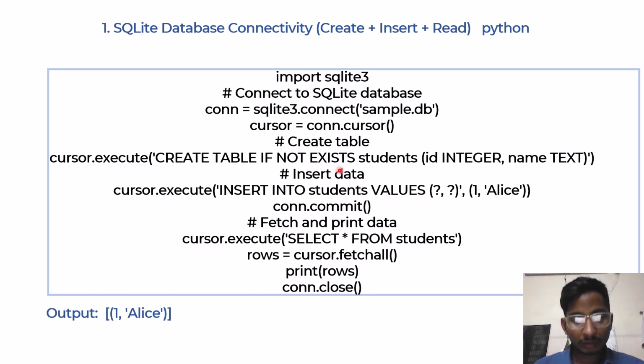This overall inserts the data. And last, fetch and print the data: cursor.execute select from student, rows, cursor.fetchall, print rows, and con.close. This overall fetches and prints the data, and the output is 1 Alice.